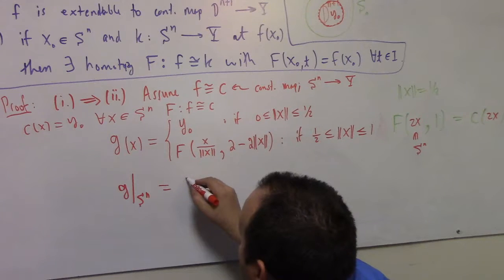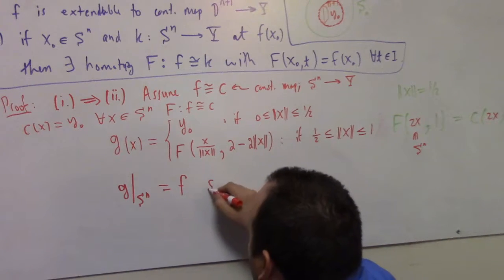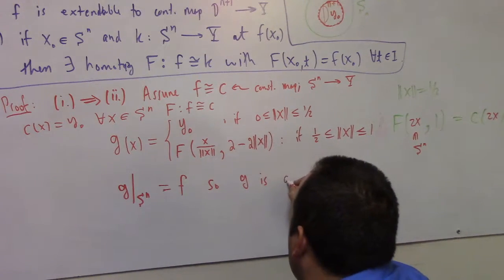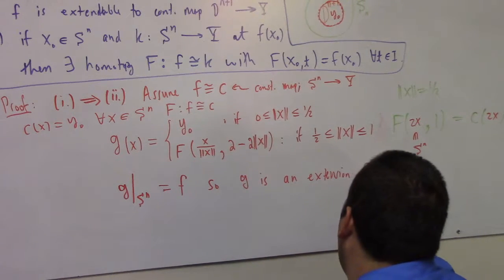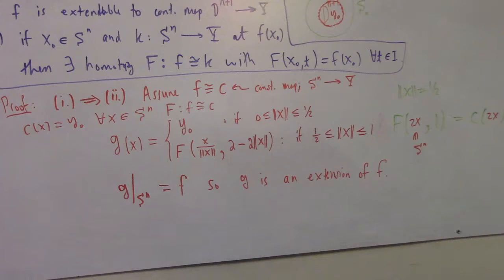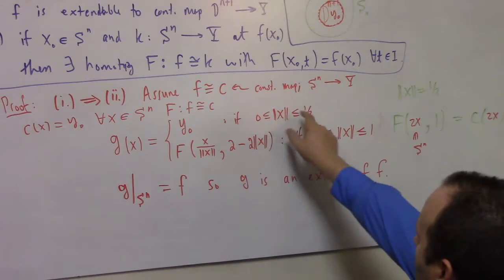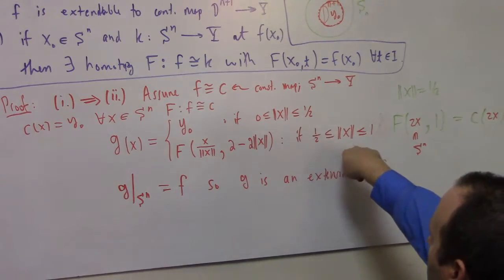You get back your map f, right? So G is an extension of f. And these cases comprise D^(n+1).